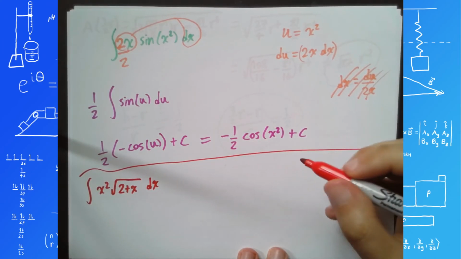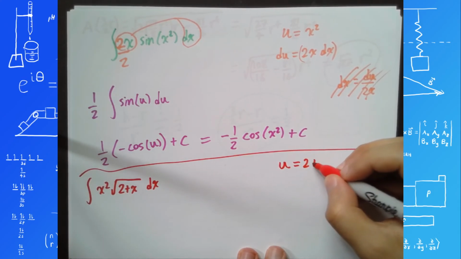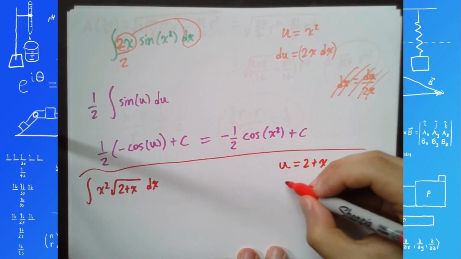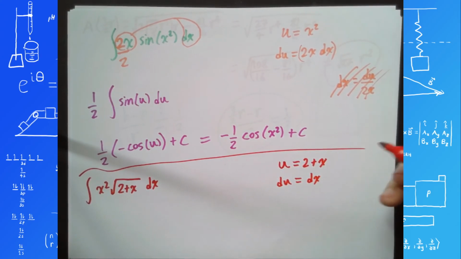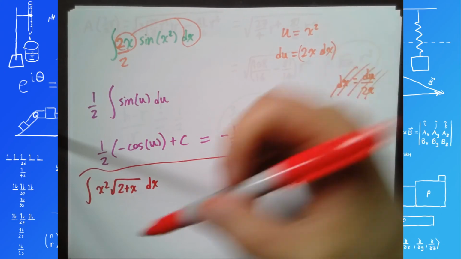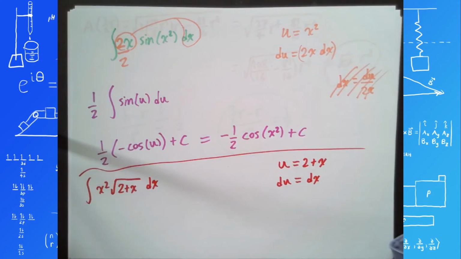Okay, so I'm going to go with u equals 2 plus x, leading to du equals dx. Doesn't seem that interesting so far, but the extra step you have to take here is that you can replace the inside of the square root with u, but what about the x squared on the outside? You want to rewrite that in terms of u as well.